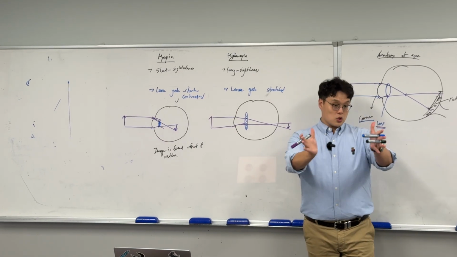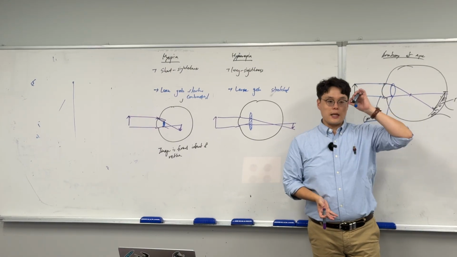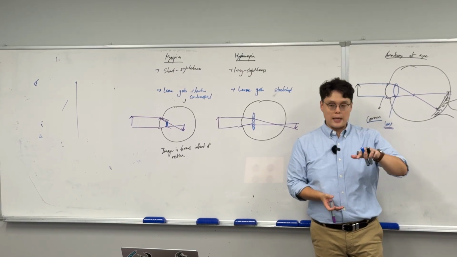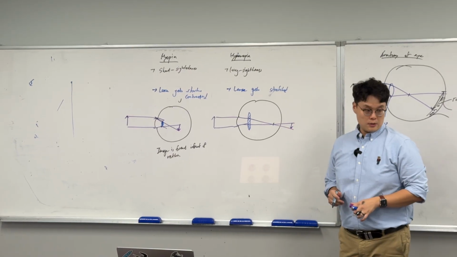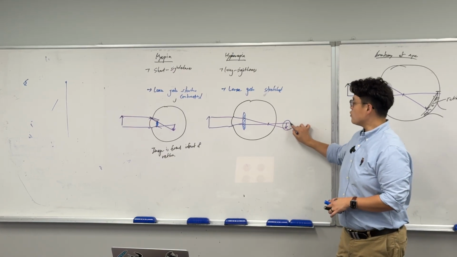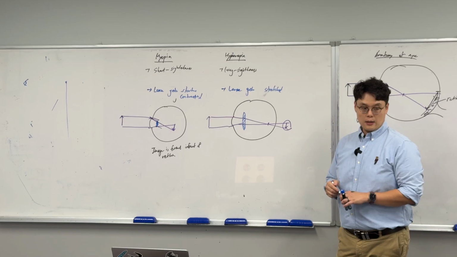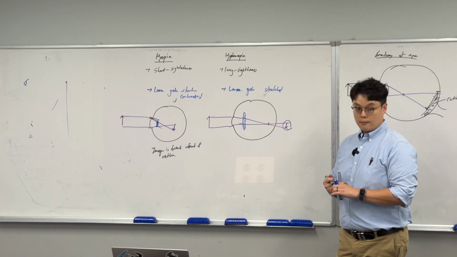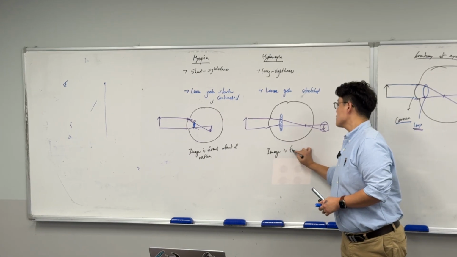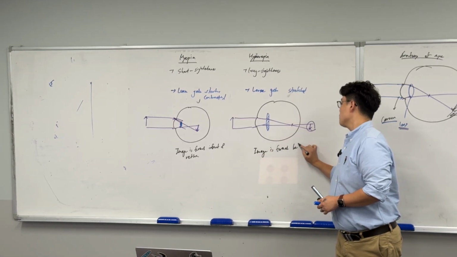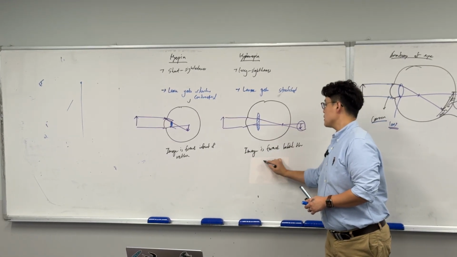As the longer stretched lens means that the focal point of the lens gets more stretched, going behind that. This is the focal point. So the image will form behind the retina.